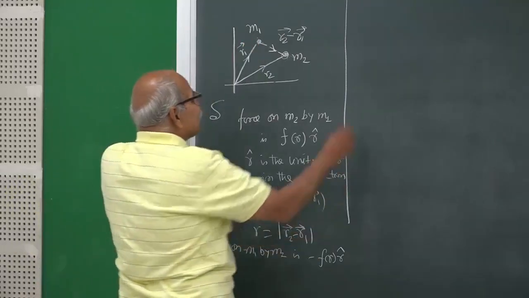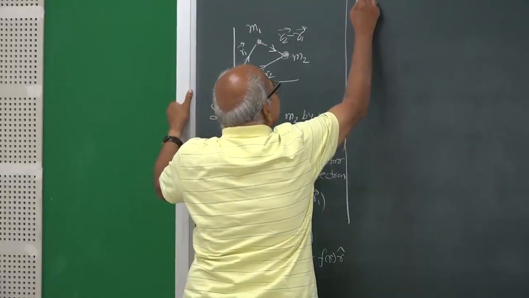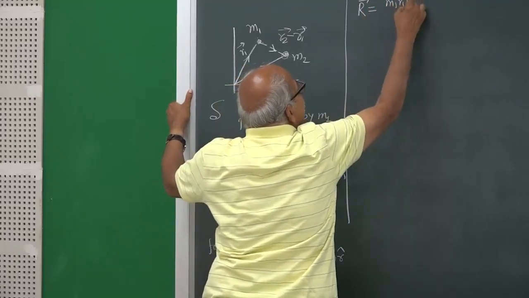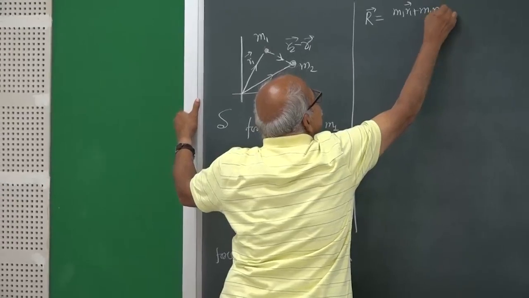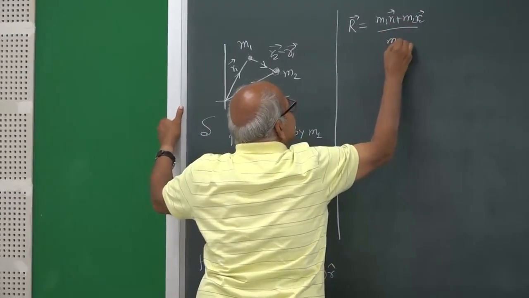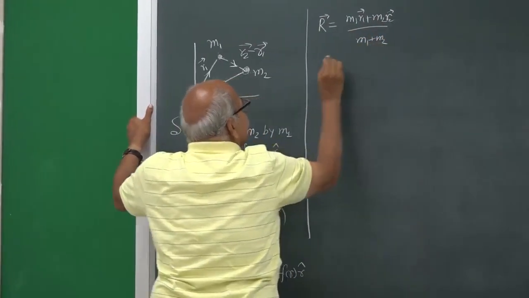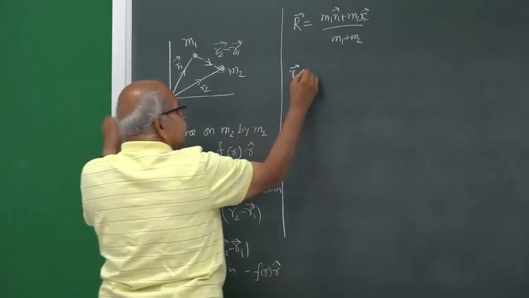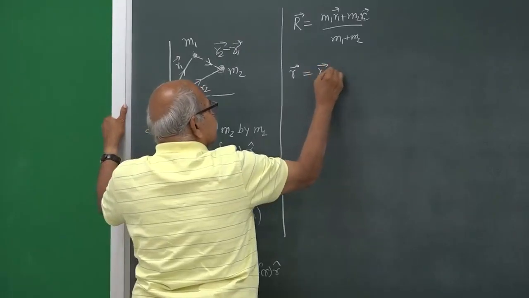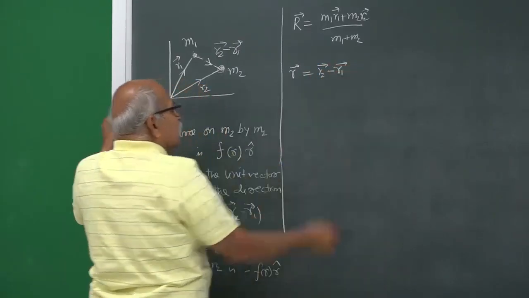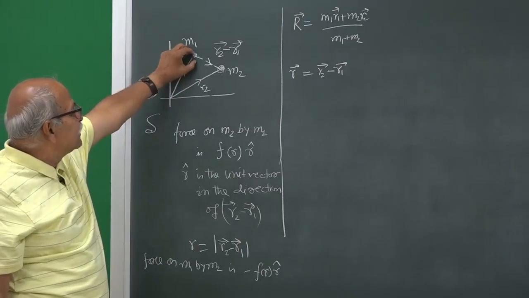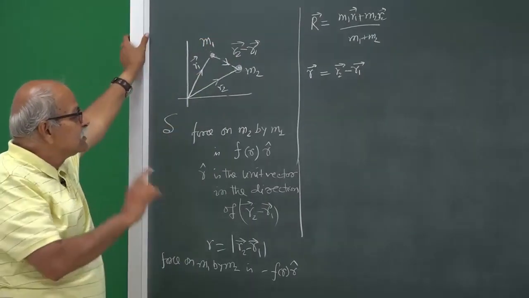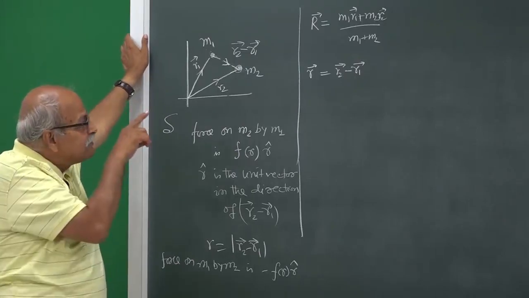So, we change our variables, we define R as the center of mass, m1 r1 plus m2 r2 divided by m1 plus m2, and the other one is this r, we define this r as r2 minus r1, as if my origin is here and I am writing the position vector of this with respect to this origin. So, this is r. So, we define these two.